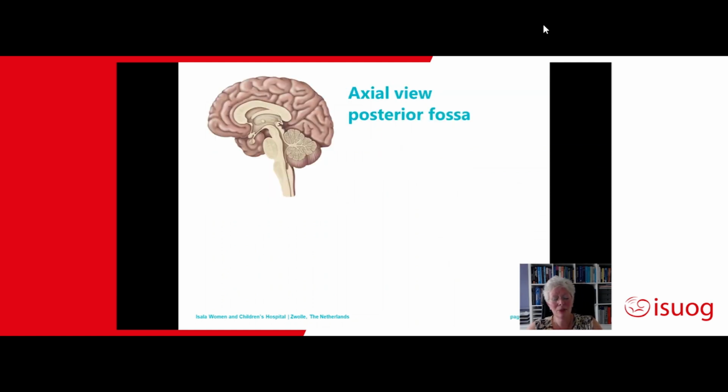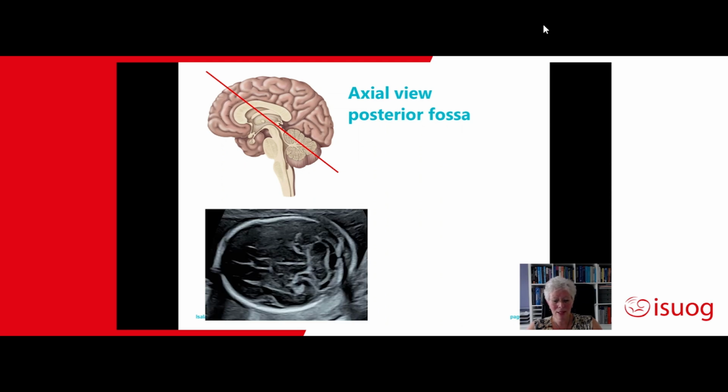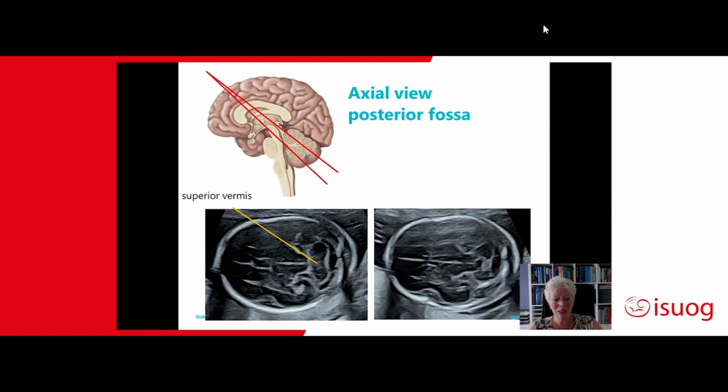First, we're going to take a look at planes that are all familiar. If we make this plane, we can see this image where we can see the superior part of the vermis. And if we tilt our transducer a little bit, we can make this plane where we can see the inferior part of the vermis. We can also see the fourth ventricle, which is closed and has no connection here with the cisterna magna.